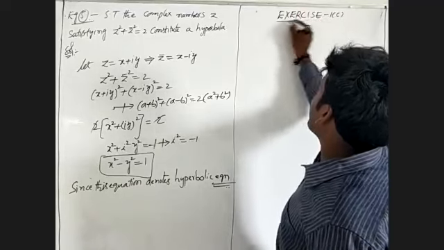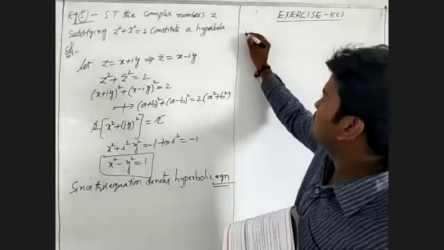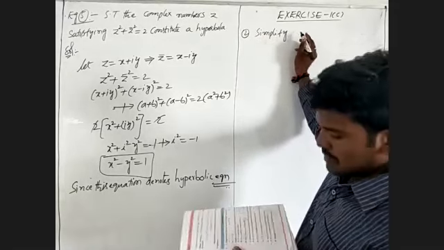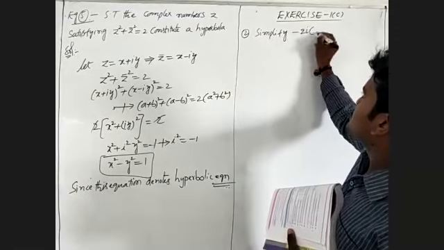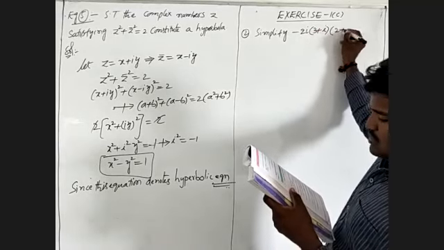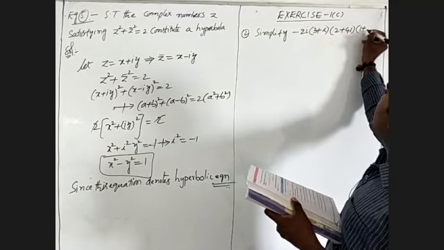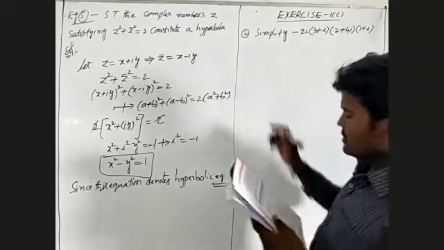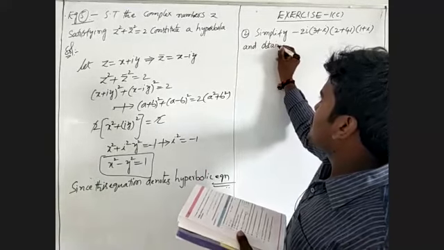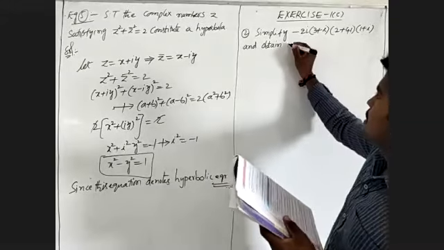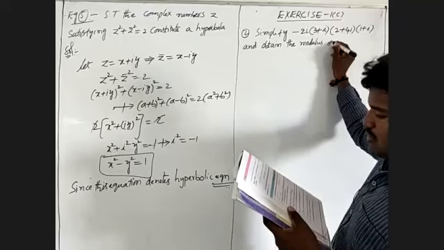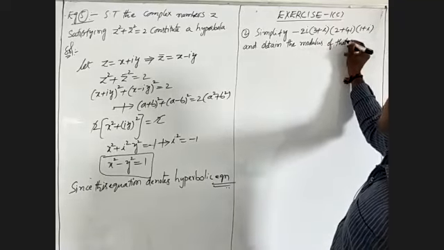That is, simplify minus 2i into 3 plus i into 2 plus 4i into 1 plus i and obtain the modulus of the complex number.